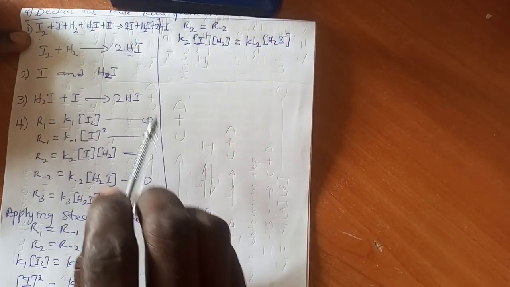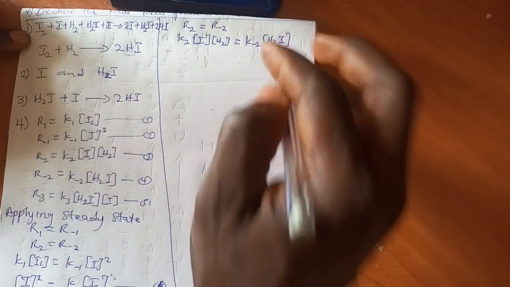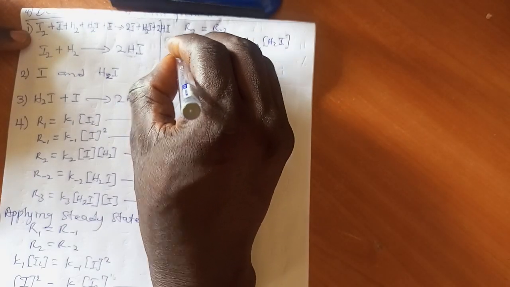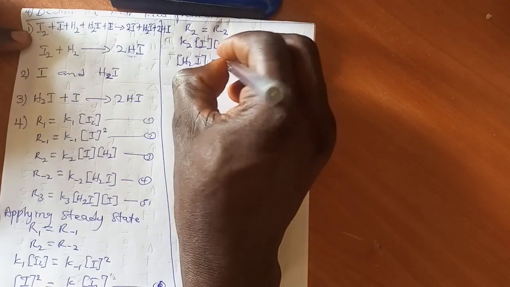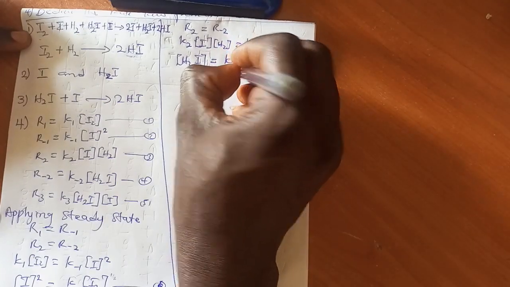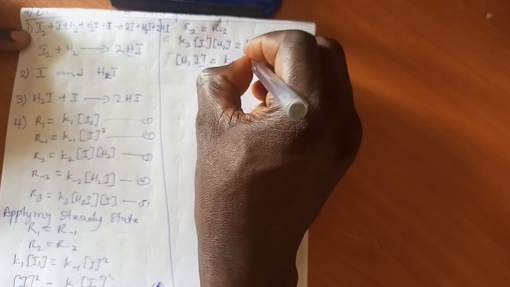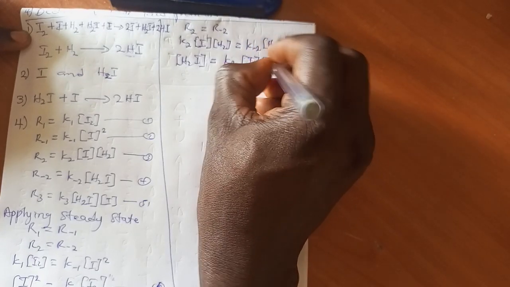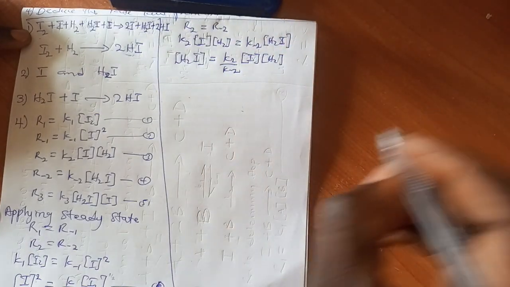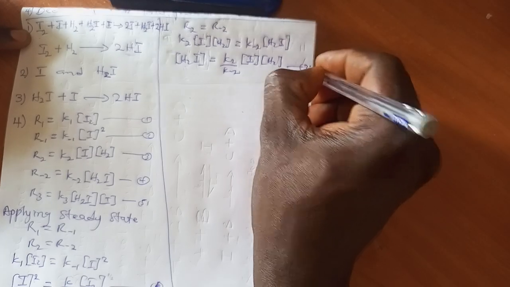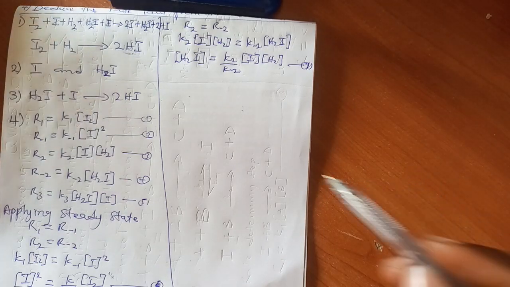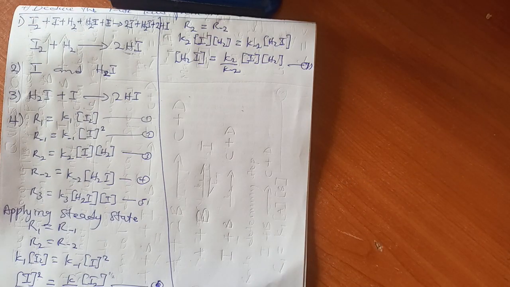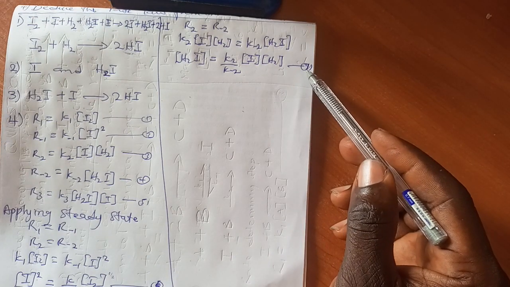Having known that the second intermediate is H2I, I will make it the subject of the formula. So I have H2I is equal to K2 over K minus 2, then I, then H2. You can see. So this one will be equation 7.